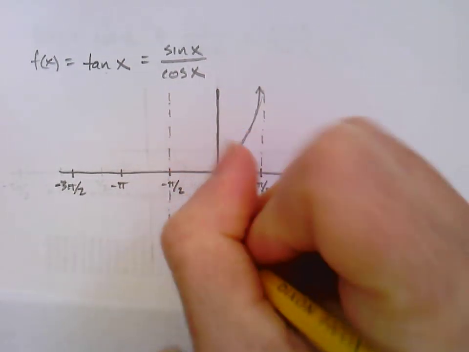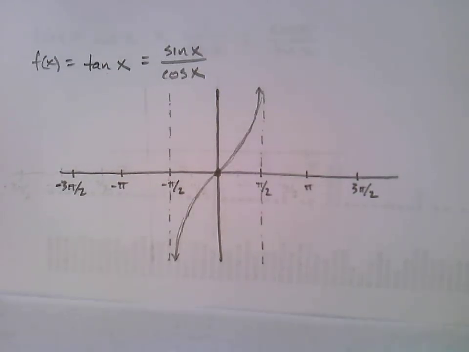We could look closely at values for sine and cosine and make sense of this. But at the end of the day, that's what the tangent of x is doing. It turns out that's its period, that's its cycle. It's going to repeat this shape again and again in both directions.